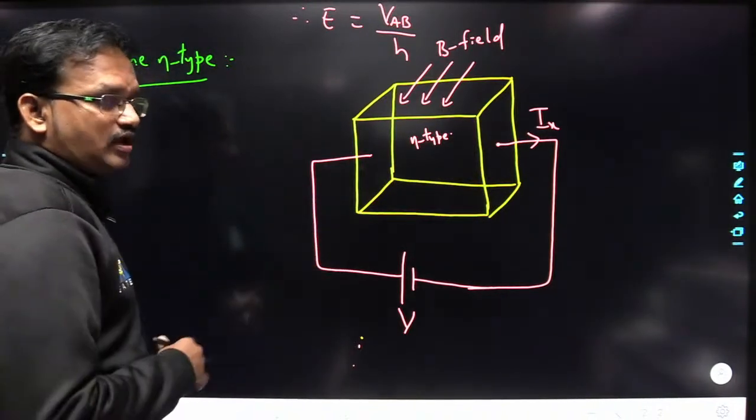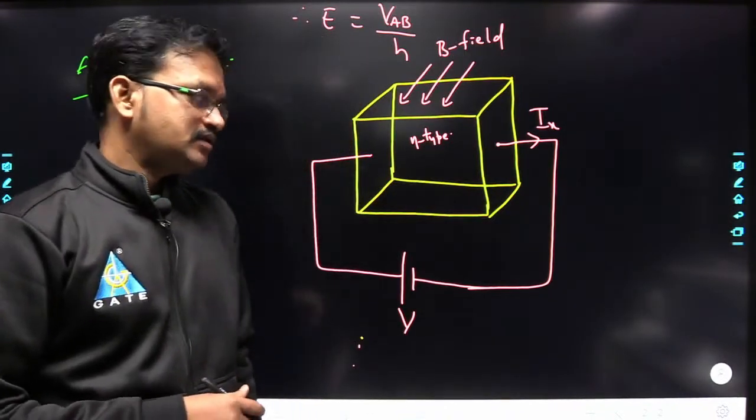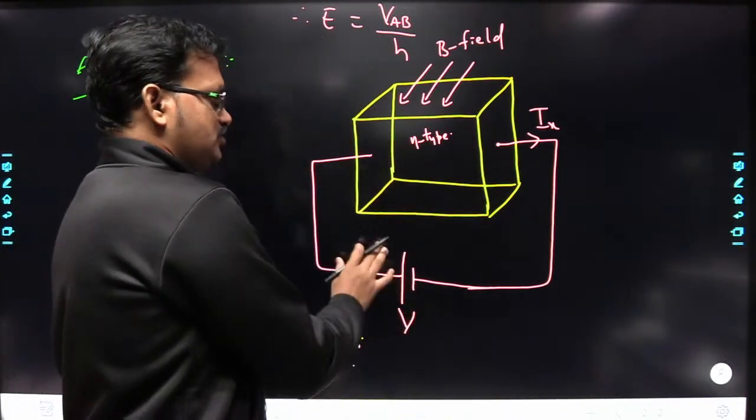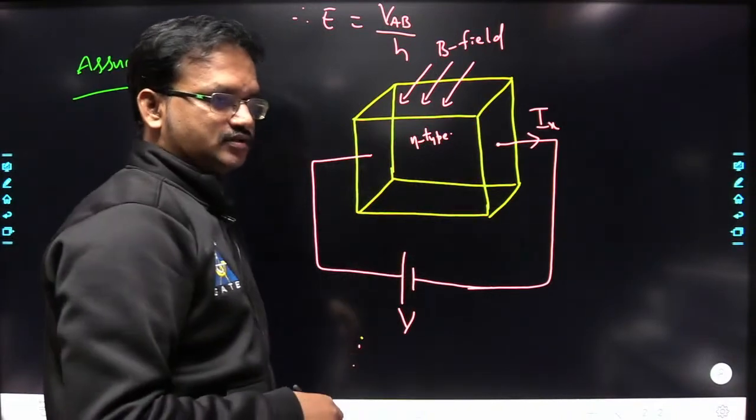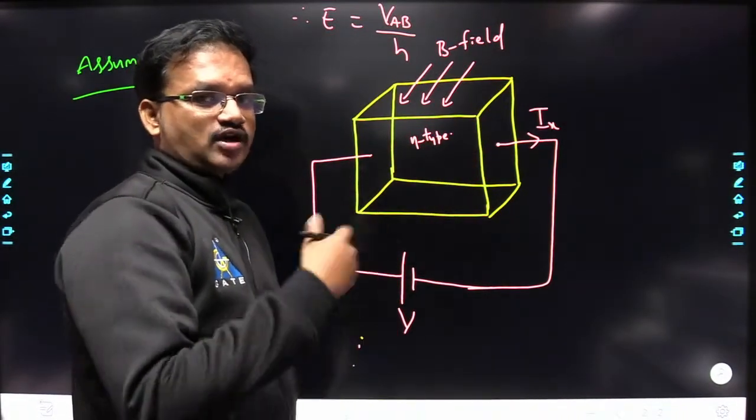In which direction are the electrons moving? I have applied the voltage here. If the current is flowing from left to right, the electrons or negative charge carriers are flowing in which direction?